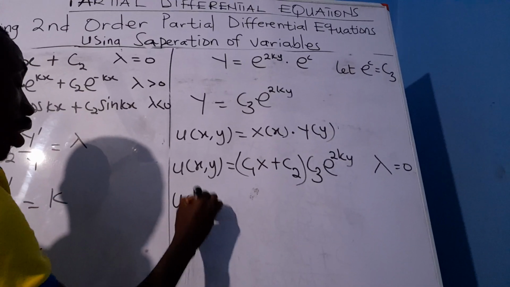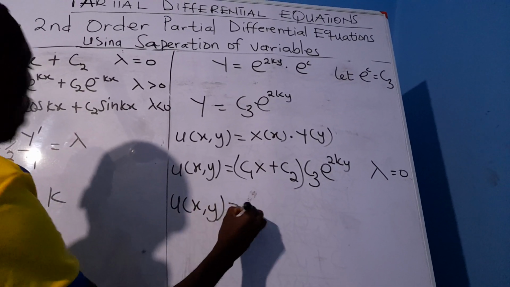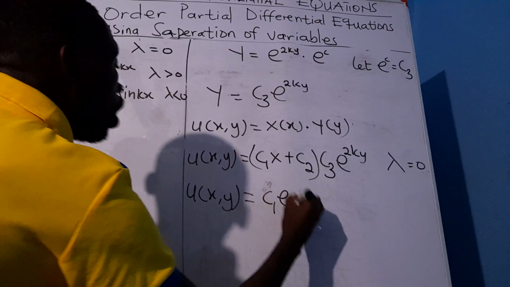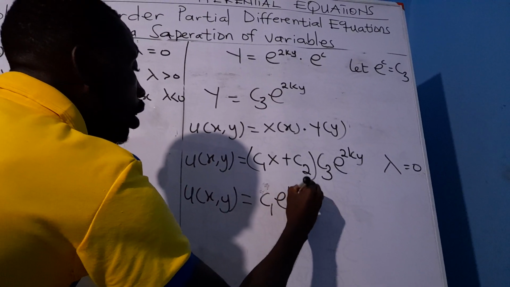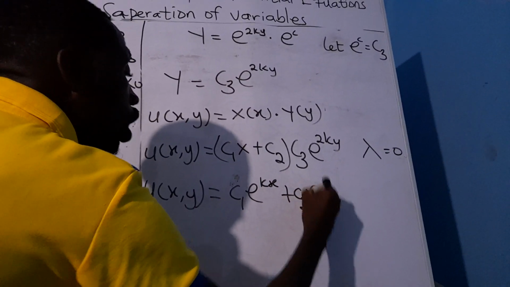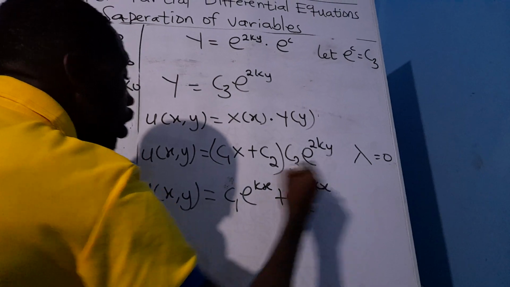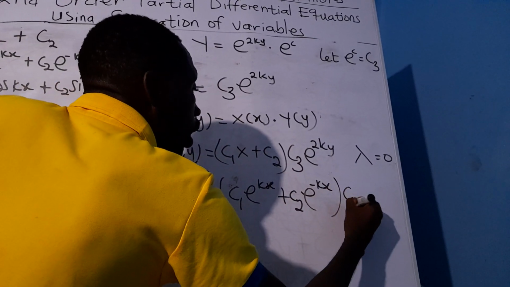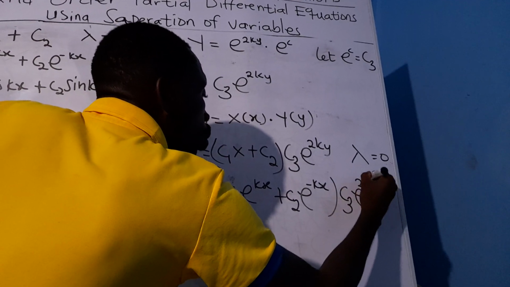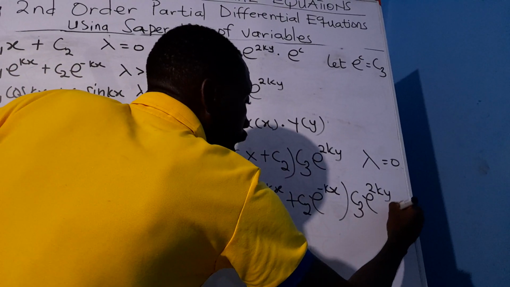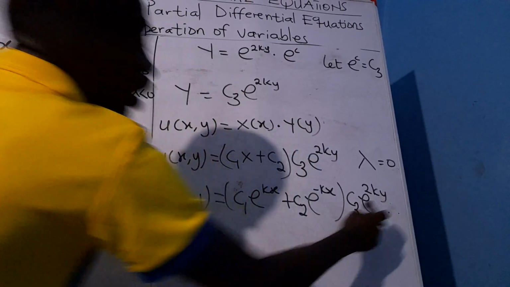Then the second one, our function is c1 e exponent kx plus c2 e exponent negative kx, then times our y, which is c3 e exponent 2ky. Remember, this is when lambda is greater than 0.